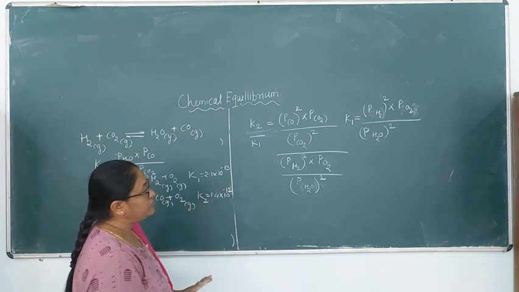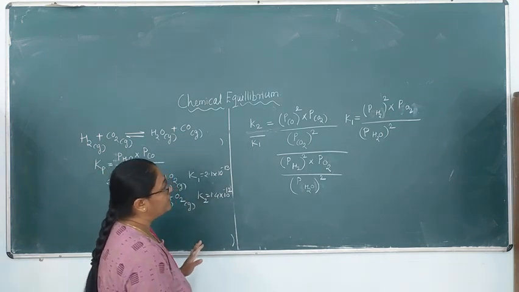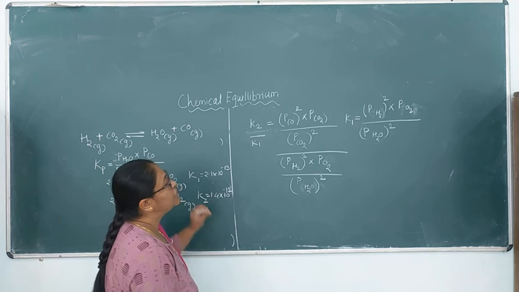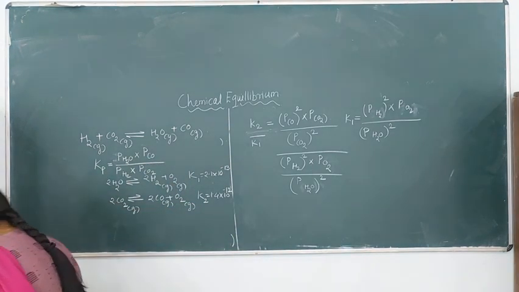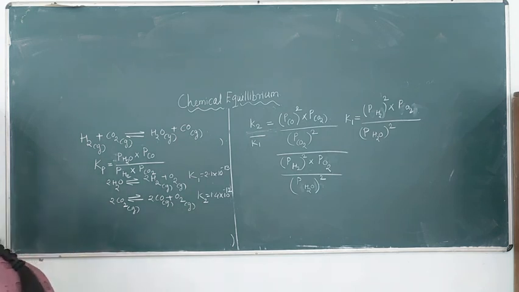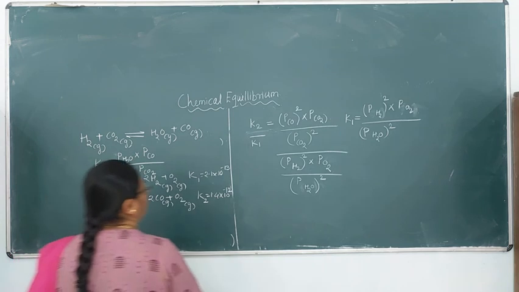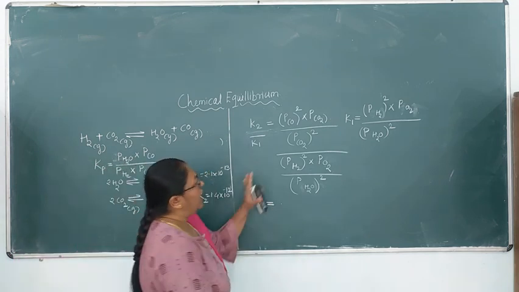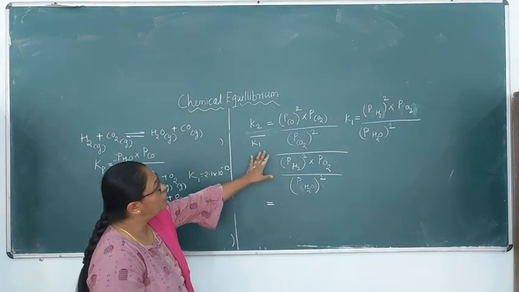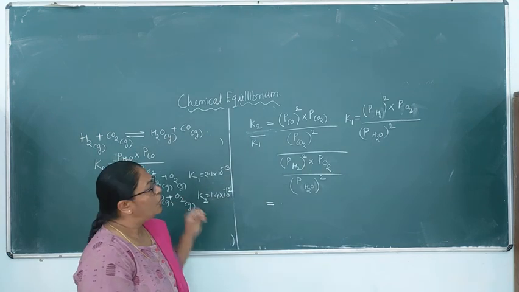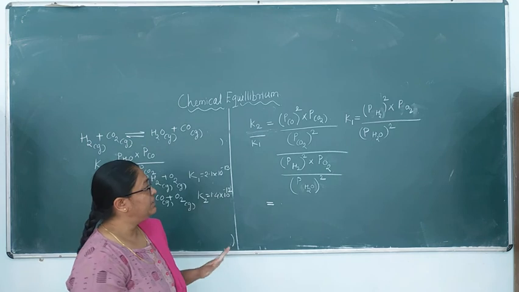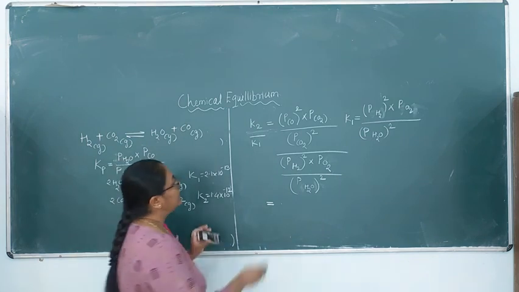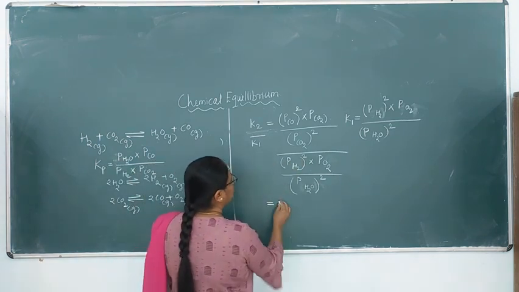Now what we are going to do is, the same terms which are present here, we are going to cancel. See, none of the terms is the same, all are different terms, so no cancellation will be there. Let's just calculate them.